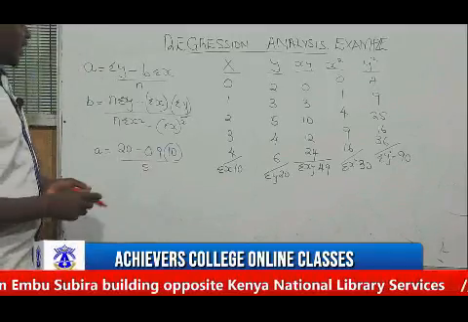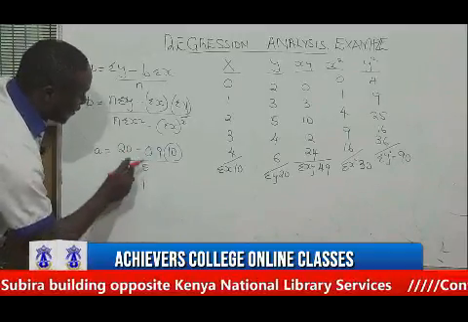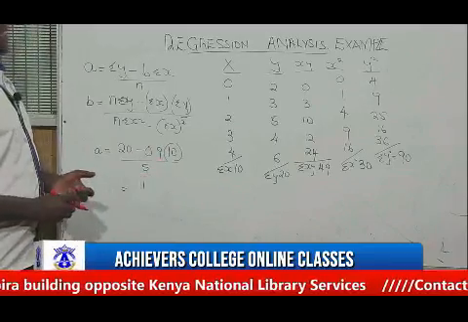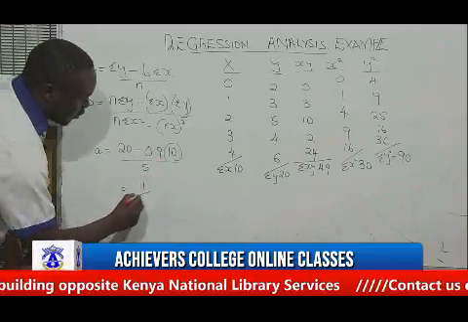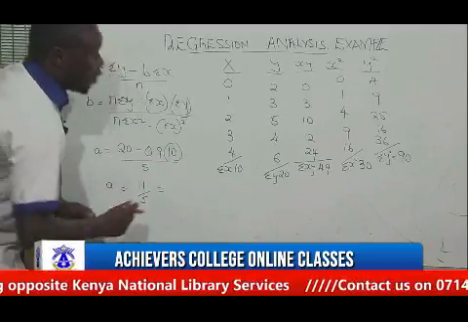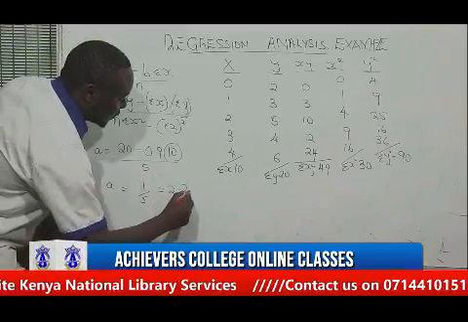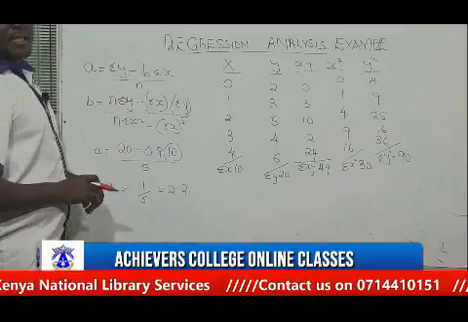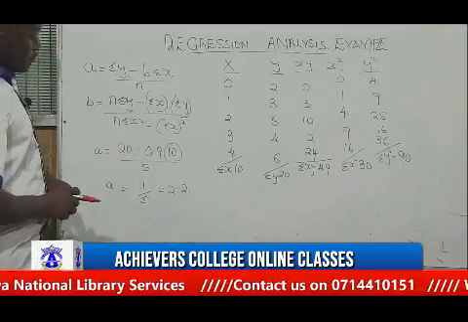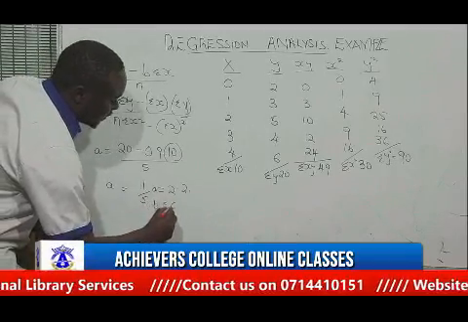If you do that, what you are going to obtain is 20 minus 9, you obtain 11 over 5, this is your a, and therefore your value for a will be 2.2.